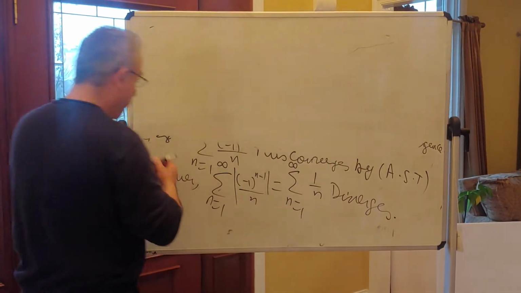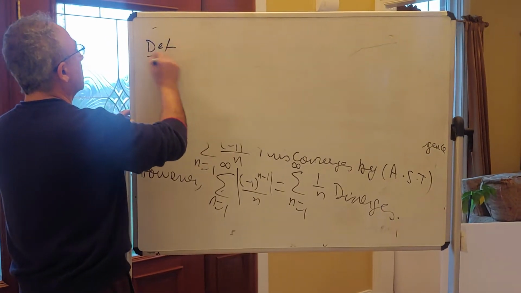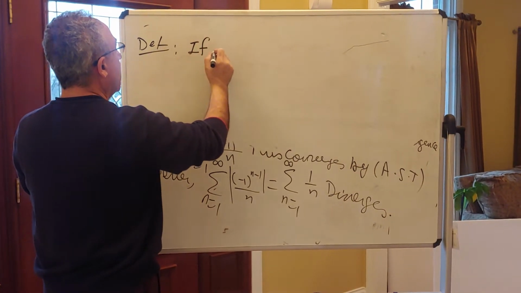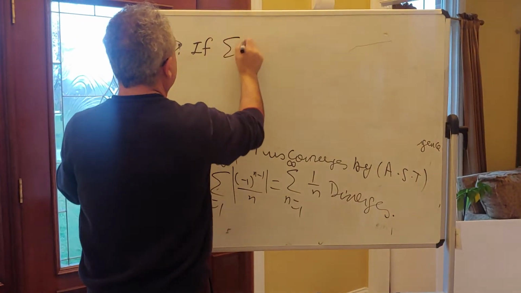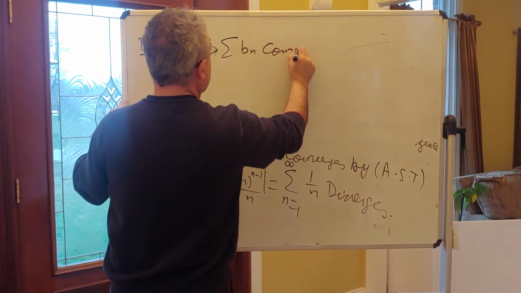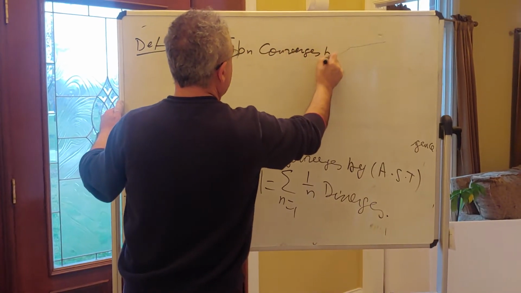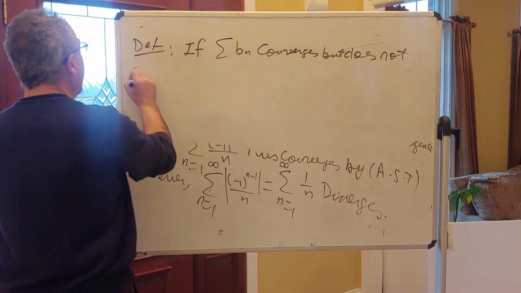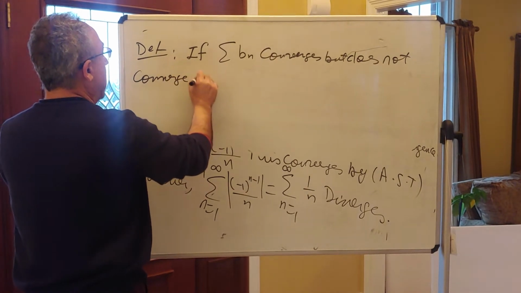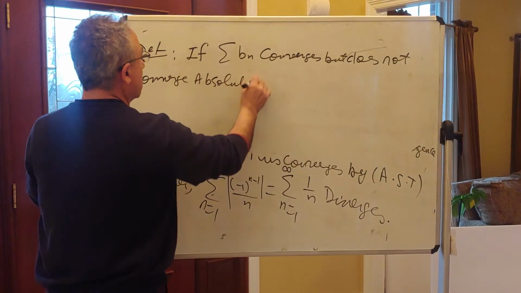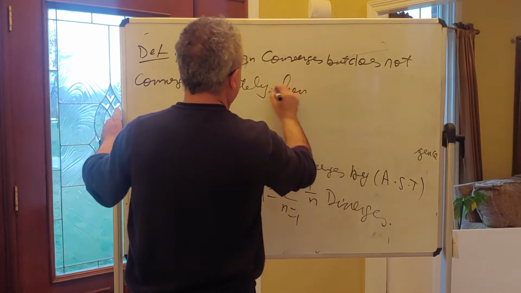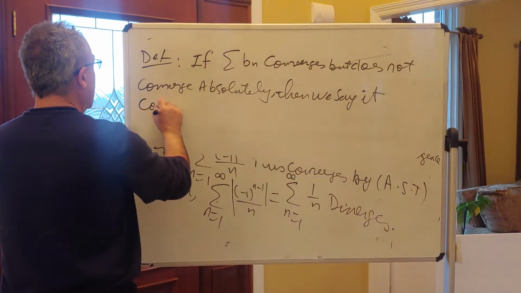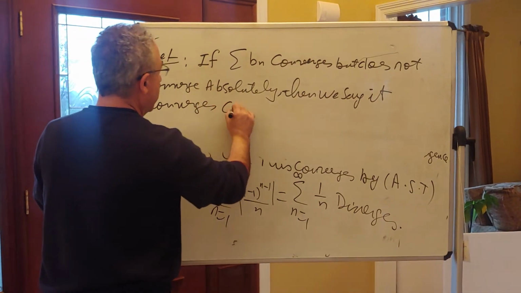So, definition. If the sum of bn converges but does not converge absolutely, then we say it converges conditionally.